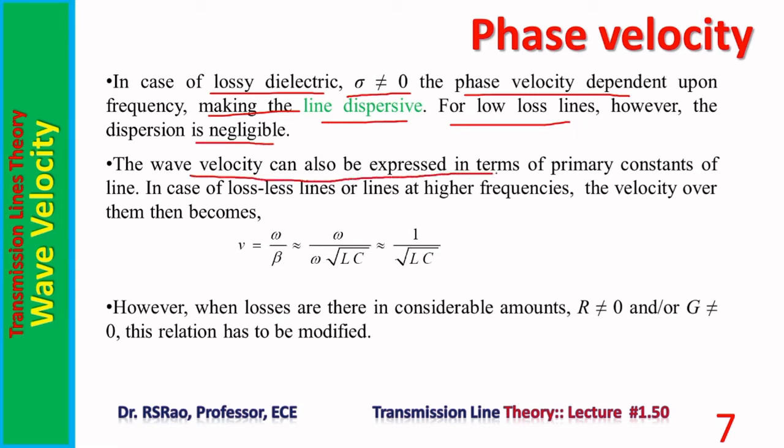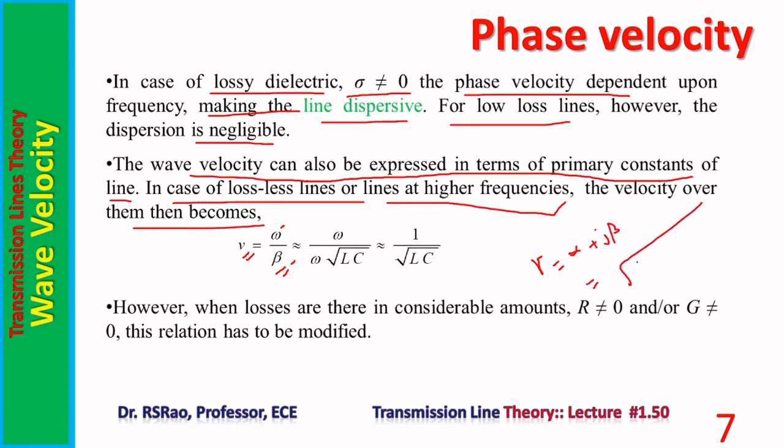Wave velocity can also be expressed in terms of primary constants of the line. In case of lossless lines or lines at higher frequency, velocity over them becomes V equal to omega by beta. See, we all know the propagation constant gamma is alpha plus j beta.